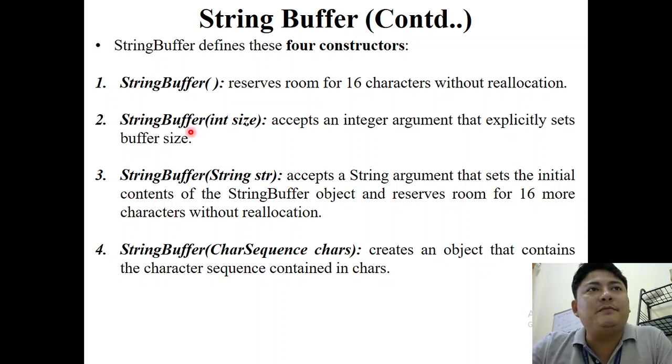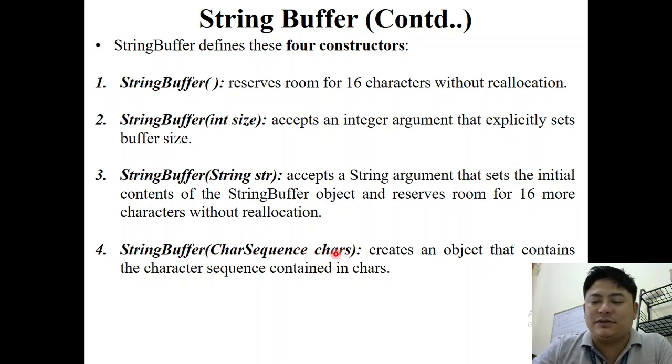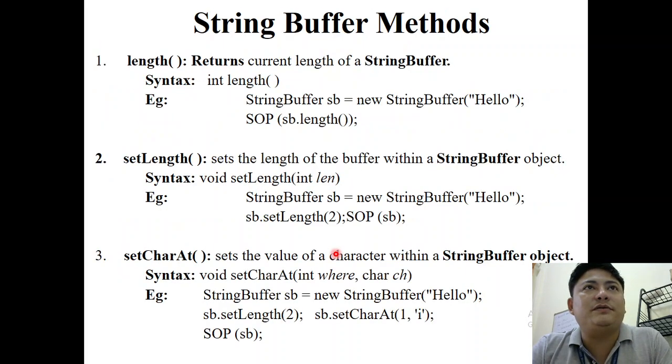That can be accomplished using the second method. The third method is that you can create a string by directly specifying the string object, maybe as a literal or as an object. The last one is that instead of a string, you can specify a character array or character sequence. That way is also possible.